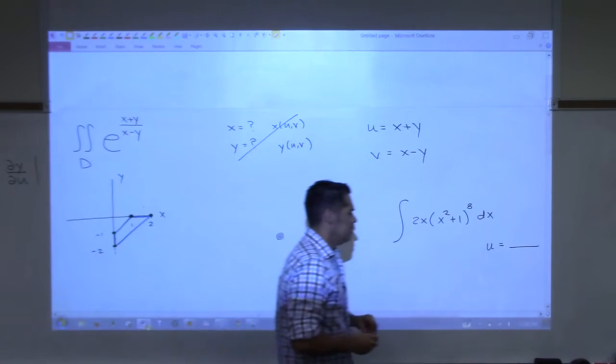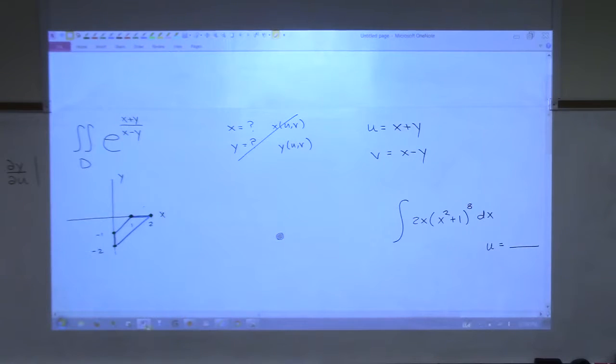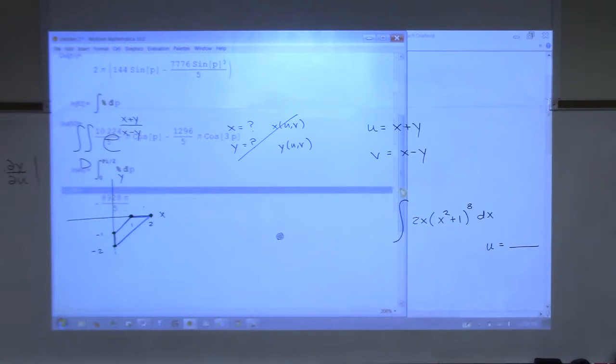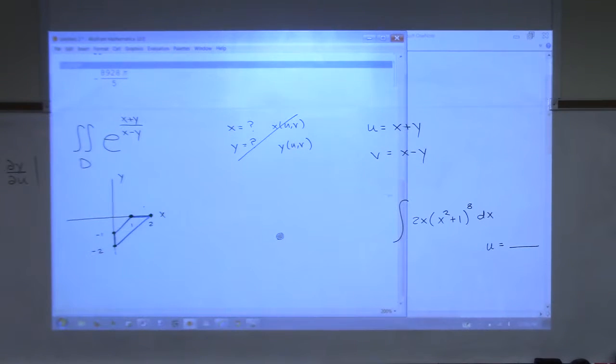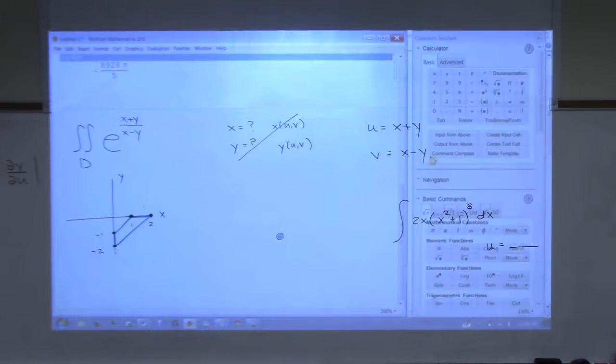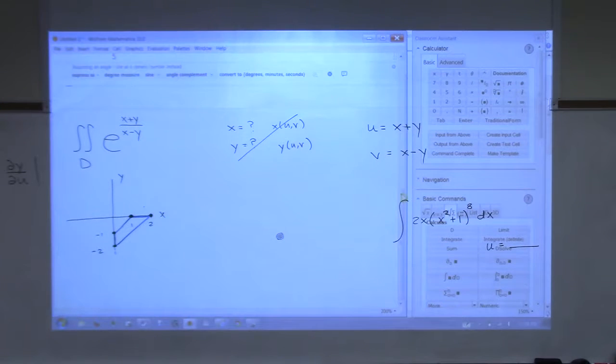In fact, I wonder what the computer will do with that. I'm not sure that we could. Let's see what it does. So I'm going to do a double integral here.